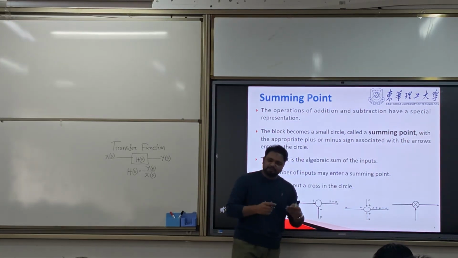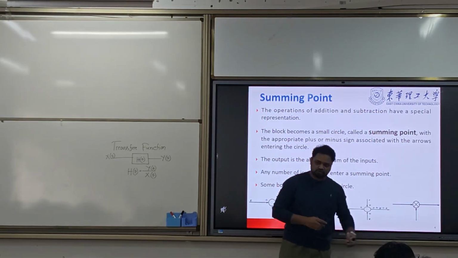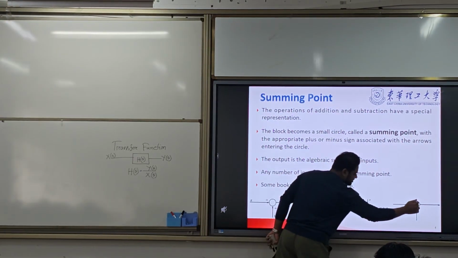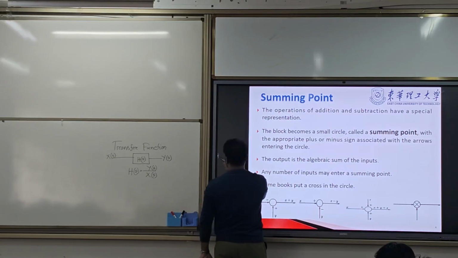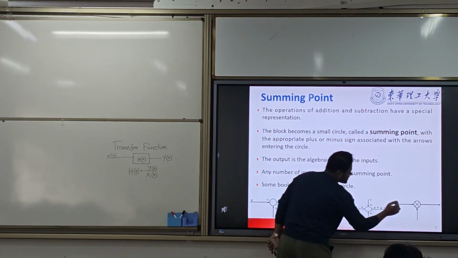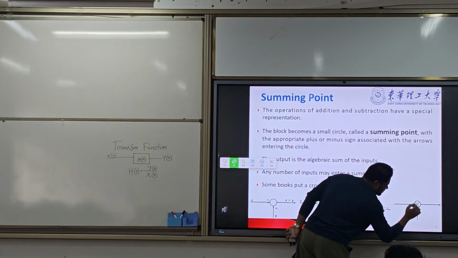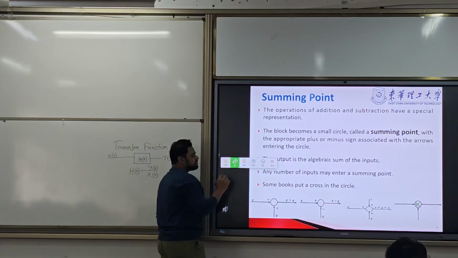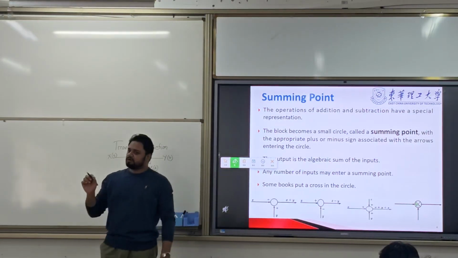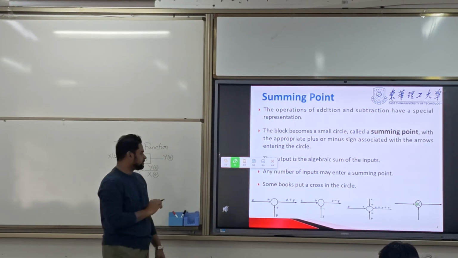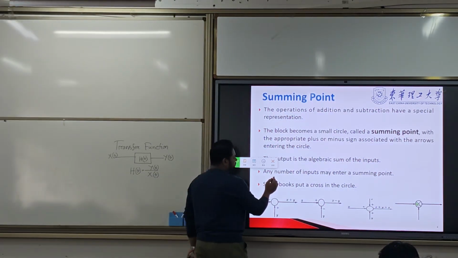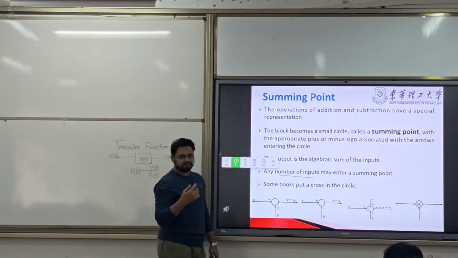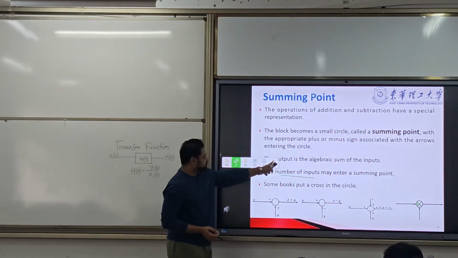In some books, it is shown by a cross instead, and inside you will see positive, negative signs like that. It is the same thing. So the output is the algebraic sum of all the inputs. A number of inputs may enter a summing point, it can be many or more than one.